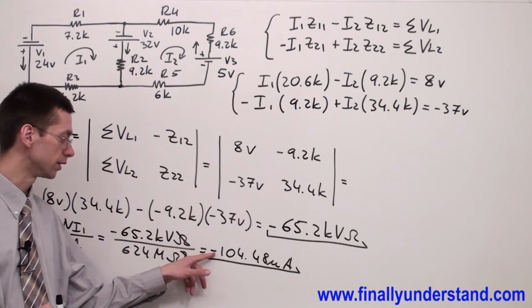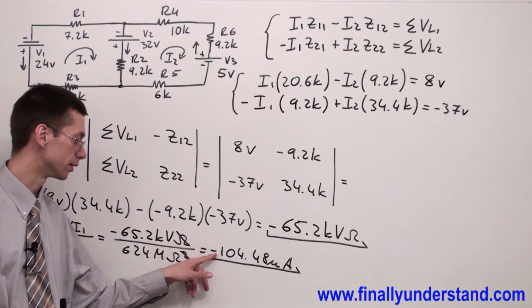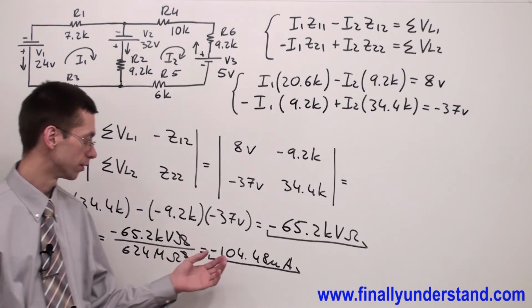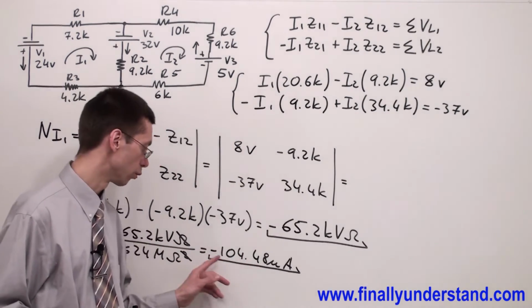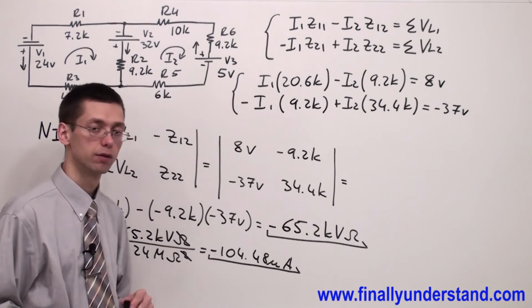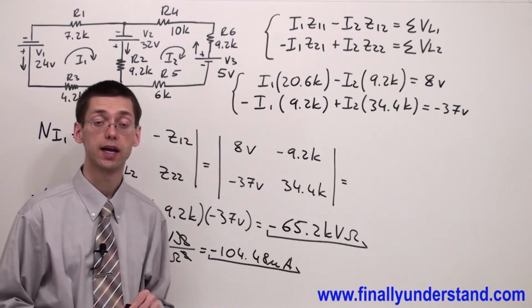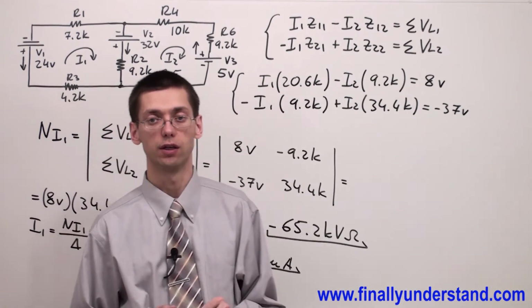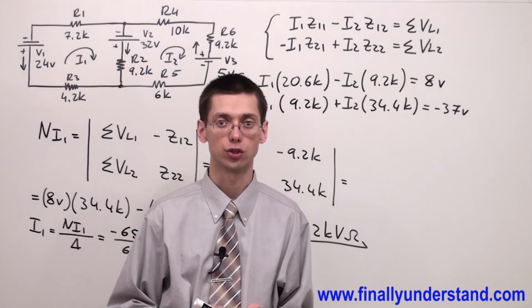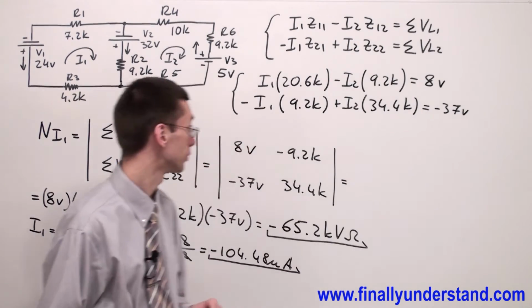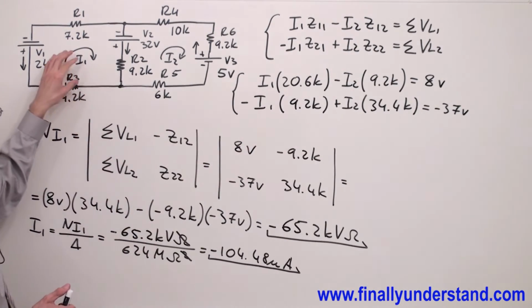Please notice that this time we got the negative value of the current. What this negative sign is telling me is that the real current in the circuit, not the assumed one which we did at the beginning, right?